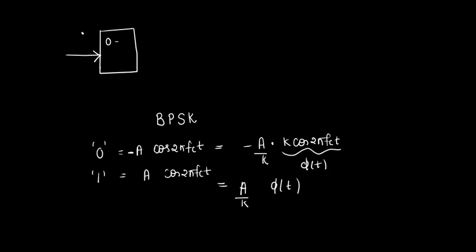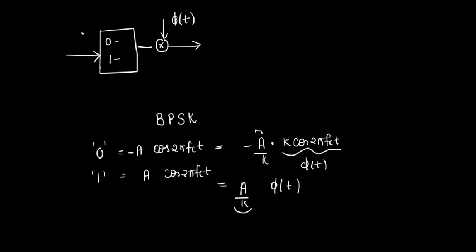So you will map 0 with this value and 1 with this value, and you will multiply with the phi t and you will transmit it, right? This is what we have discussed in the last class.